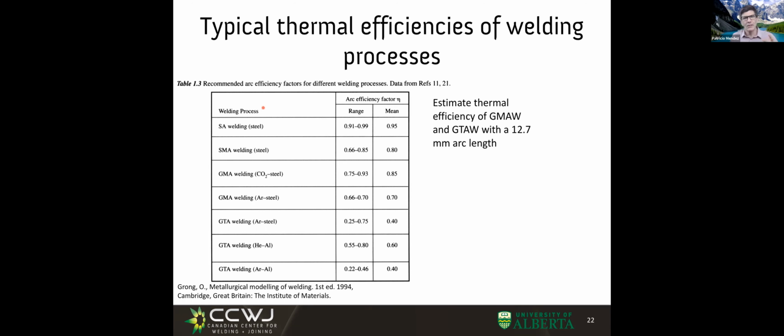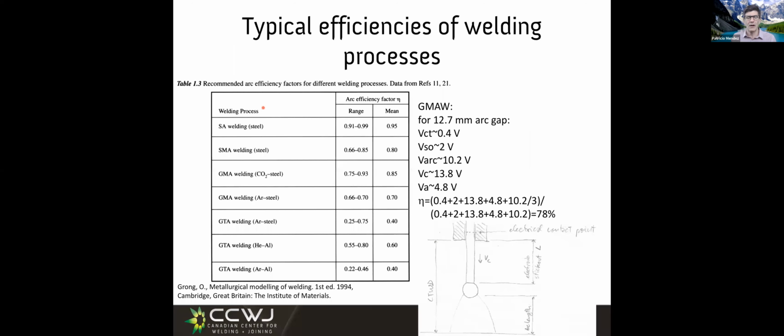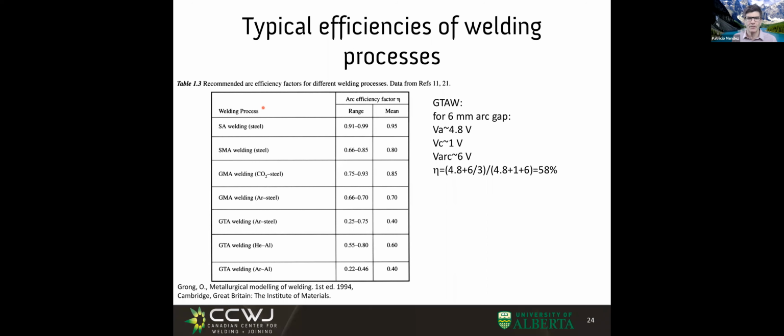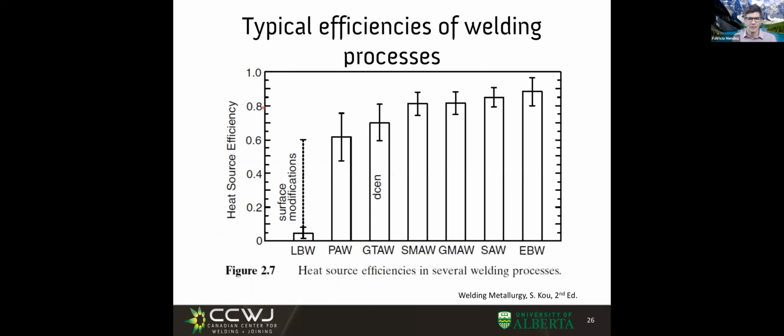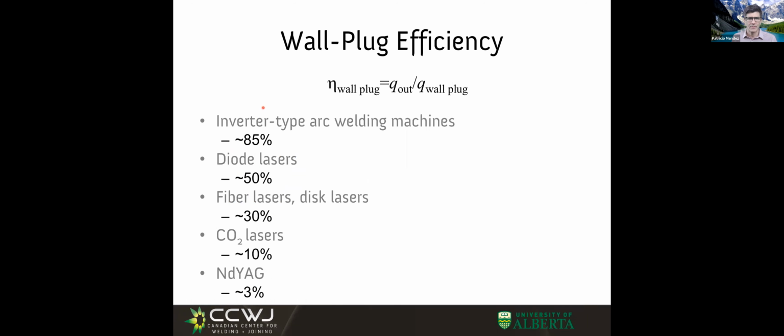Why does MIG have a higher efficiency than TIG? Here we did some calculations in which we estimated an efficiency, and it was quite reasonable. We did it for MIG and for TIG.